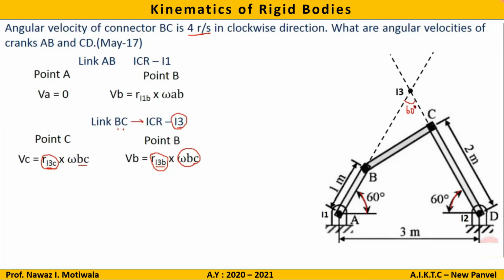As all the angles are 60 degrees each, it is an equilateral triangle. If it is an equilateral triangle, all the sides should be the same. Here the side AD is given as 3 meters. So the side A to I3 will also be 3 meters and the side I3 to D will also be 3 meters, out of which this is given to us as 2 meters.